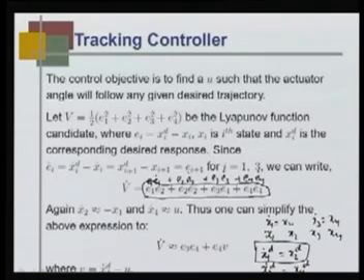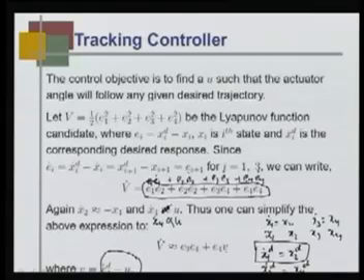So, what remains is E3 E4 plus E4 dot, and for E4 dot we see that x4 dot is directly proportional to u. So, you can write that this is E4, and E4 dot is v, where v is x4 dot d minus u.